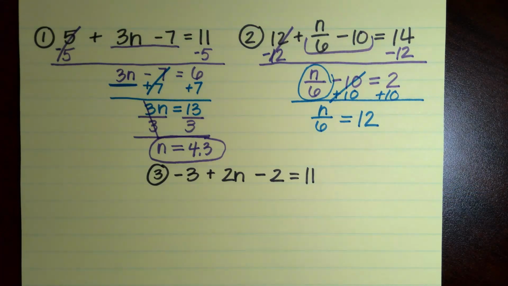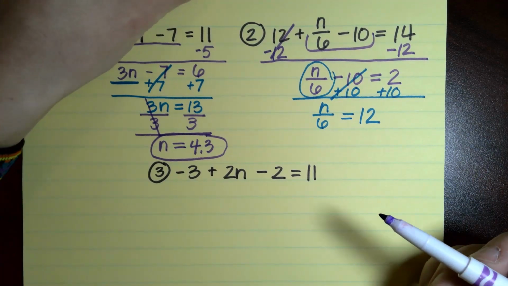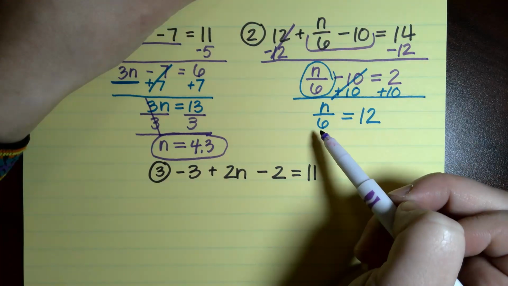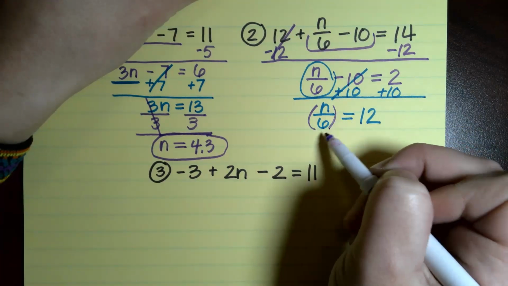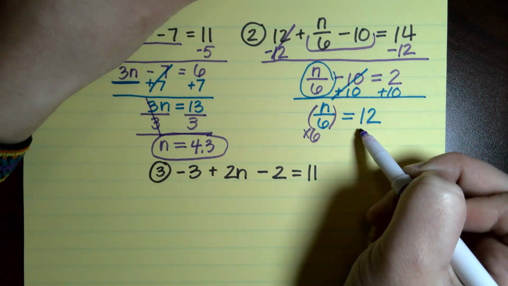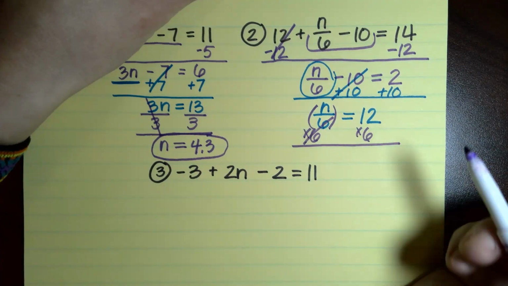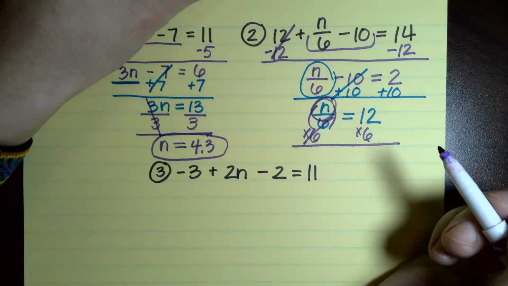What is my final step to getting n by itself? Times. If we are dividing to cancel, we need to multiply. Times 6. Times 6. My 6's cancel. So I'm left with n all by itself.